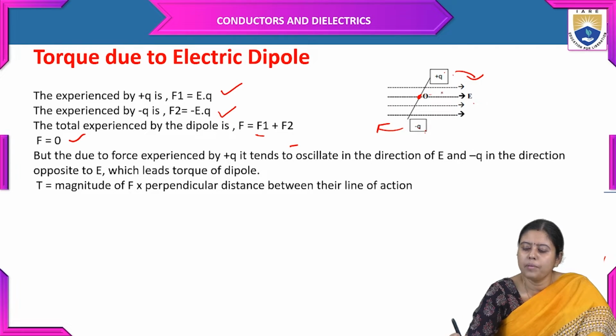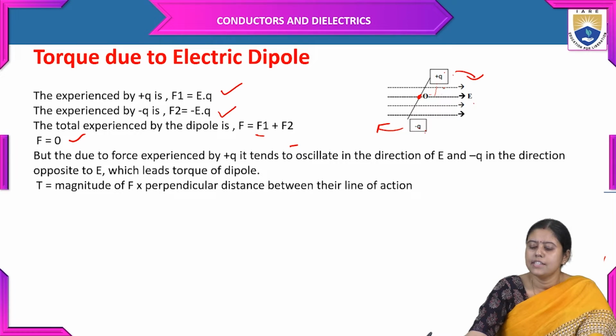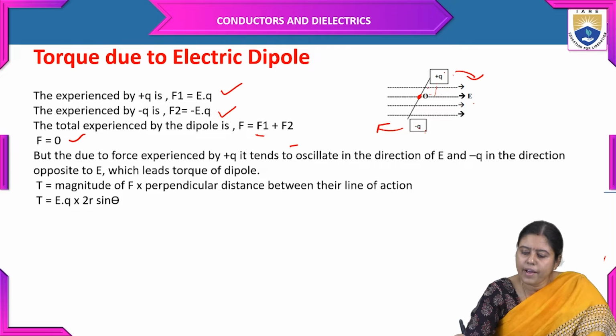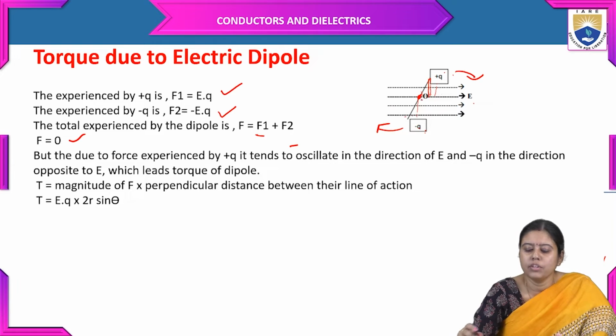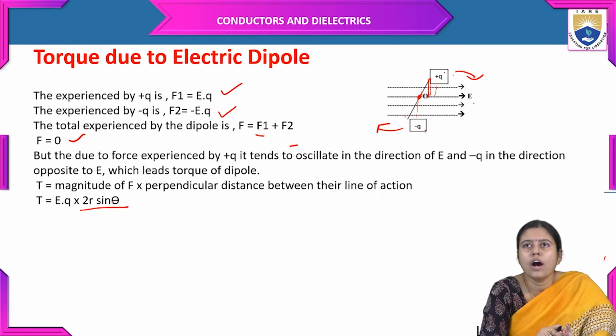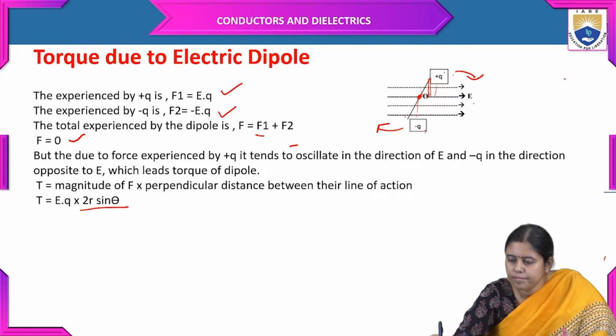If O is the equilibrium point, we have to calculate the distance D. If the angle is theta and the distance is r, the value is r sin theta. So from here r sin theta and from here r sin theta, so it comes to 2r sin theta.